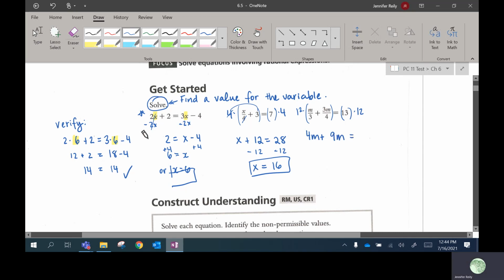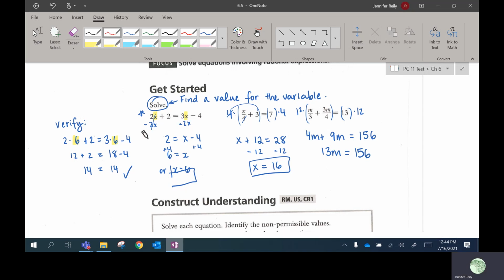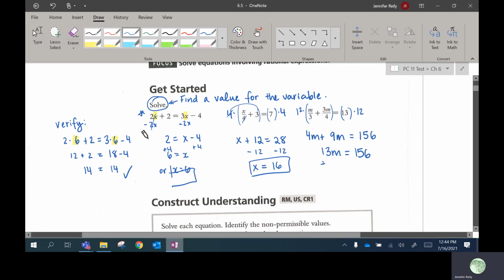And 13 times 12 is 156. 9m plus 4m is 13m. Put those together, and then we are multiplying here, so we do the opposite. We divide by 13, and that is 12. Okay, so that strategy is going to come up a lot in the equations we're going to solve below, where we are getting rid of the fractions first by multiplying.